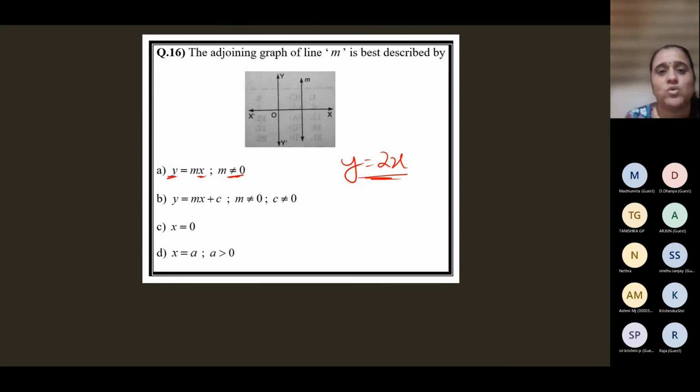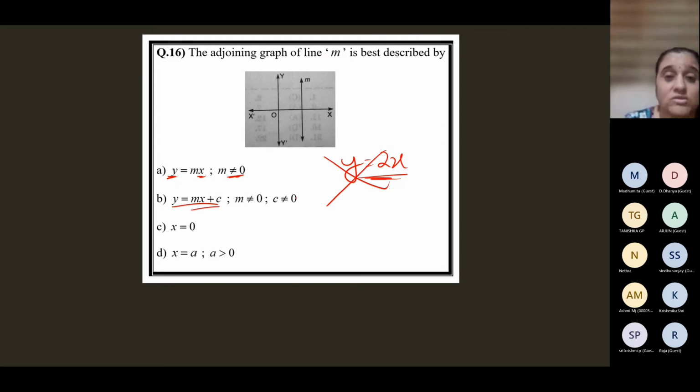When a line is parallel to the x or y axis, there will be one variable. If there is x, it will be 0y, or if there is y, it will be 0x. But here it is 2x and 1y. No, this is not the equation of a line parallel to the x or y axis. Similarly, see here, y = mx + c.